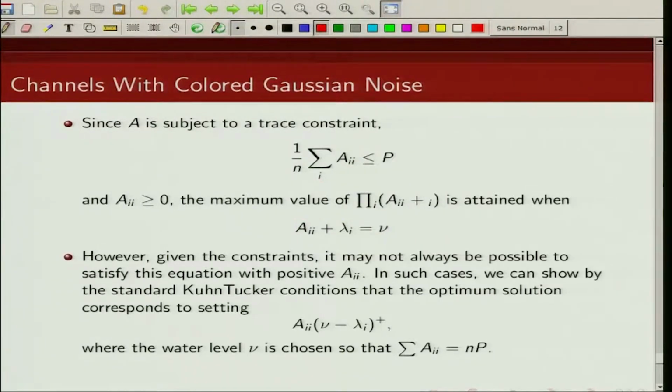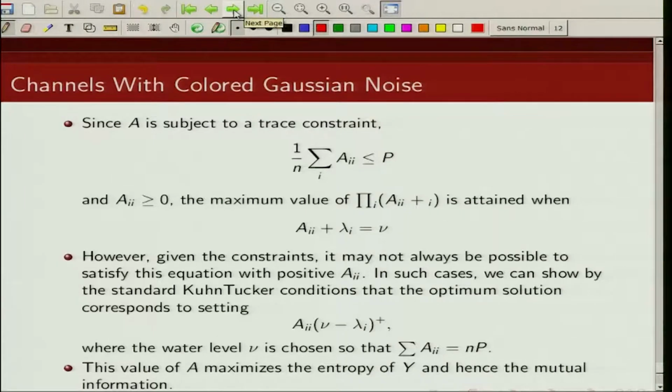However, Ais cannot be negative, so it may not be always possible to satisfy this constraint on Ais. So in such case, we show by standard Kuhn-Tucker conditions that the optimal solution corresponds to basically this, where we choose this water level mu such that summation of Ais is equal to n times P. So this is similar to basically water filling in the spectral domain.